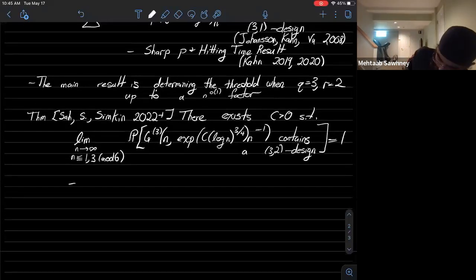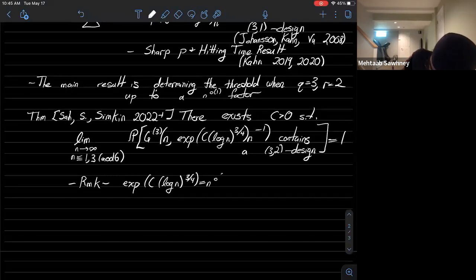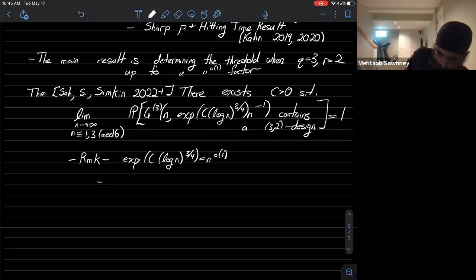There are a couple easy remarks to make. First, it's not so important what the subpolynomial factor is. The main point of the result is that it's subpolynomial. And second, what do you expect the true threshold to be?